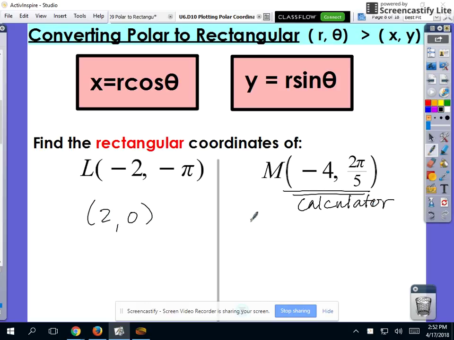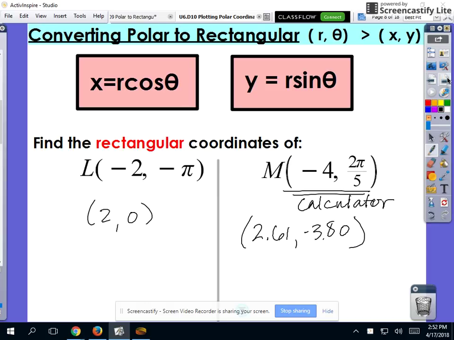And for the second one, using your calculator, you would have gotten 2.61 and then negative 3.80. Sorry, I forgot to tell you to use a calculator for the second one. But that is not a unit circle value, so you do not have the option to think through that without your calculator's help.